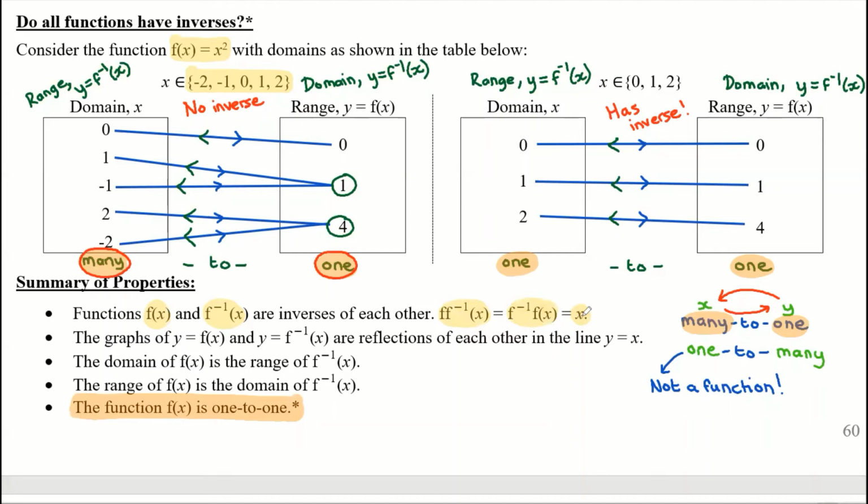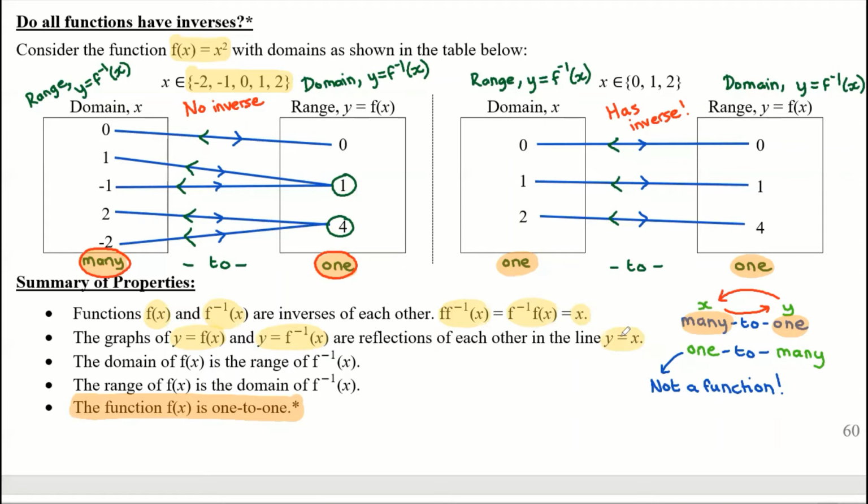We've also seen that the graphs of these two functions are reflections in the line y equals x, and that is because of the next 2 points. The domains and ranges switch, so the y values become the x values, so that's why you get the reflection in the line y equals x. So the domain of f is the range of f to the -1, and the range of f is the domain of f to the -1.